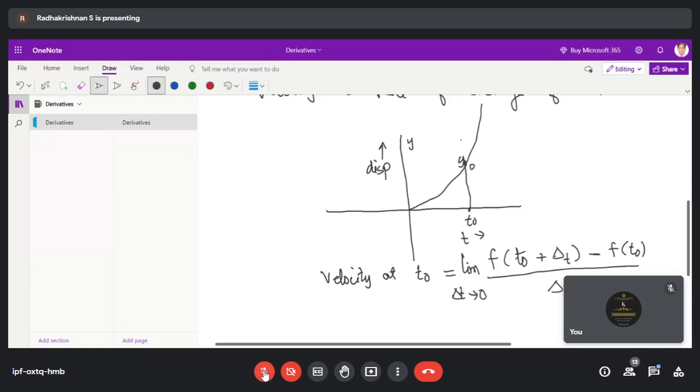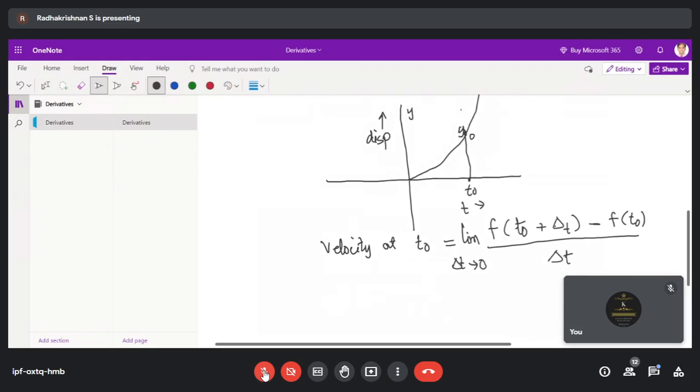Suppose distance is not a linear function. Then we have to differentiate to find the velocity at any point in time, for example a free falling body. It will have acceleration. To find the velocity at any point in time, we need to use this formula, the limit as delta t tends to 0.